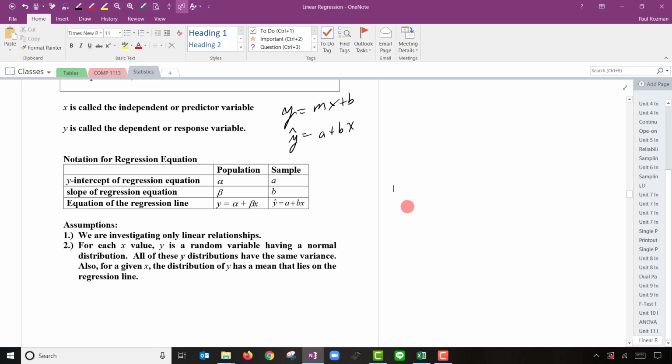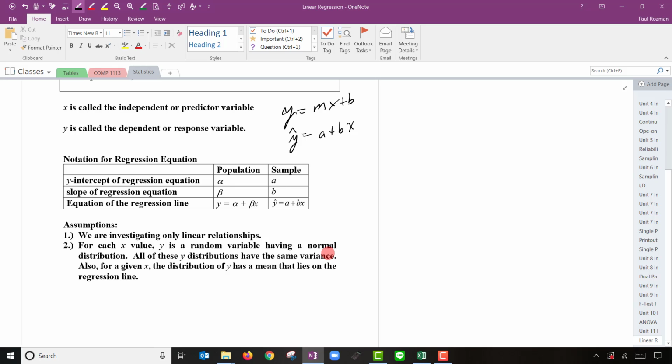So the conditions for these intercept and slope values will be the same as what we had for calculating the correlation coefficient. So we're only going to apply formulas here that are involving a linear relationship, and we need a bivariate normal distribution in order to actually do these calculations.